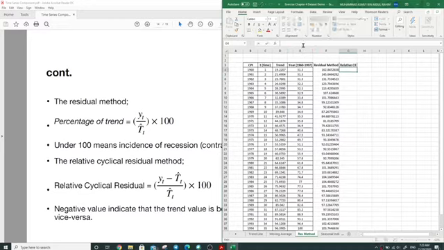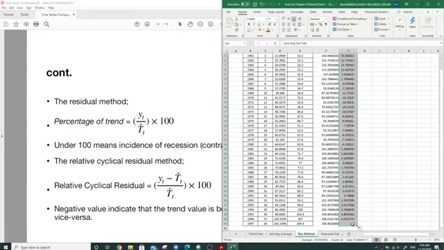The formula is Yt, the actual value, minus the trend, over the trend component, times 100.